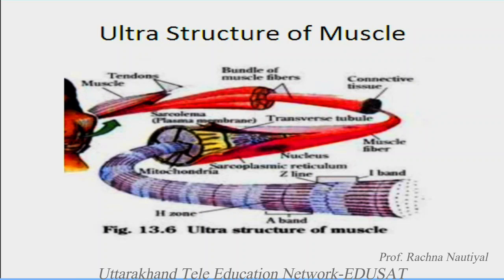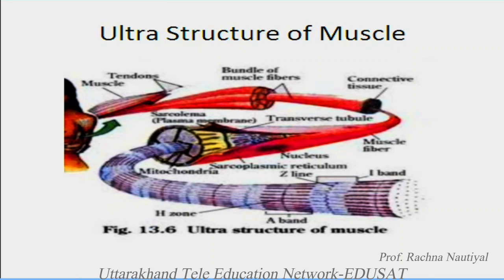Here is a nucleus, and this is the sarcolemma, or plasma membrane. Now from this muscle fiber, if I select one sarcomere, there are a number of sarcomeres in one muscle fiber.